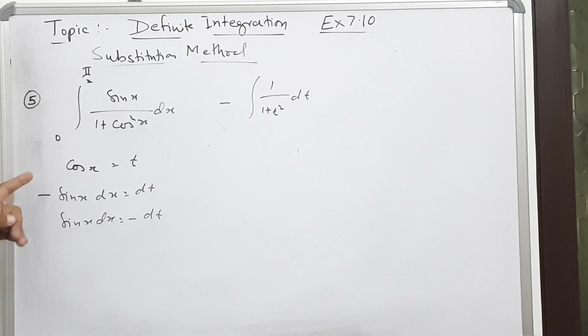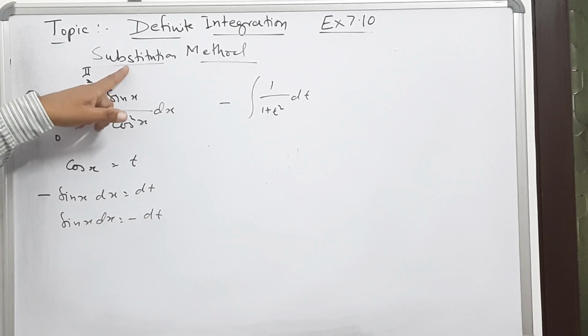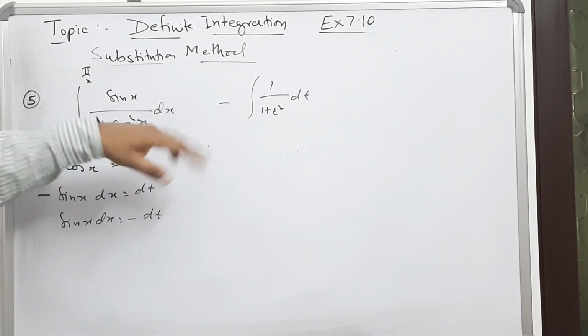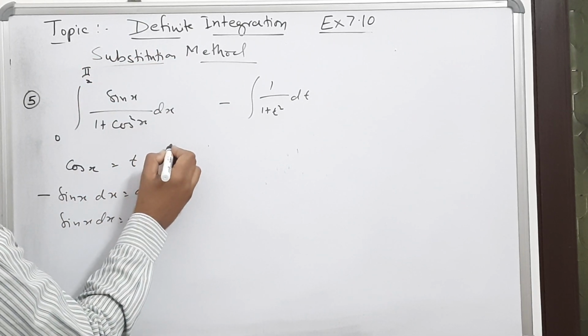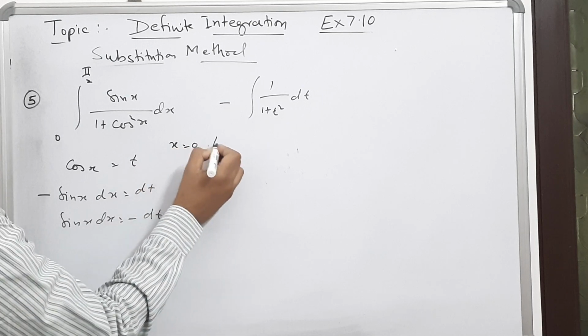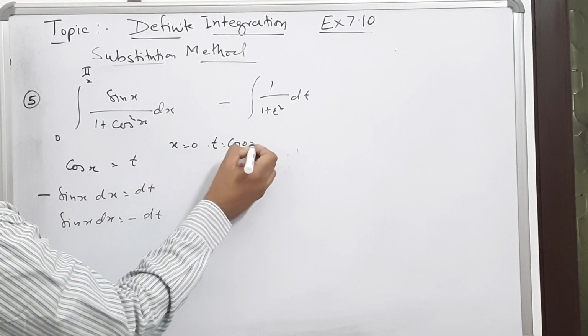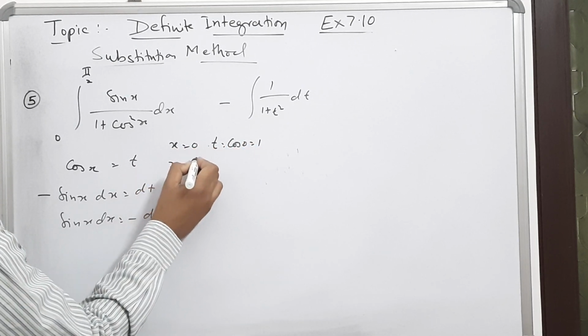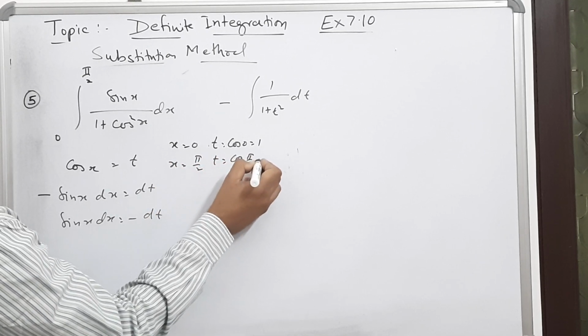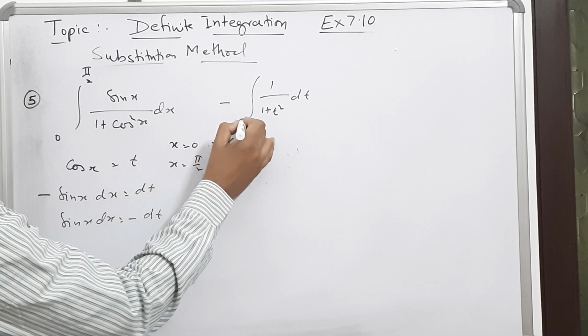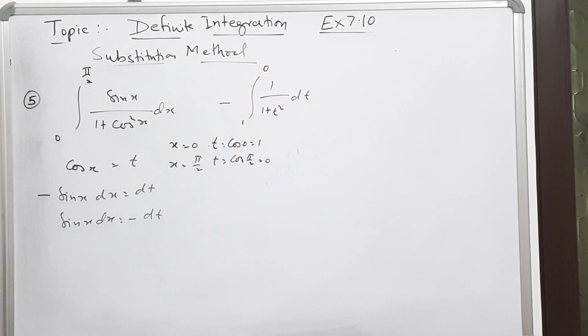The important part is, as I told you, the substitution method. So when you are changing all these, you have to change the limit also. So here you see, when you put x equals 0, t will be cos 0 and it will be 1. When you put x equals pi by 2, t will be cos pi by 2 and it will be 0. So we can write 1 to 0 here.